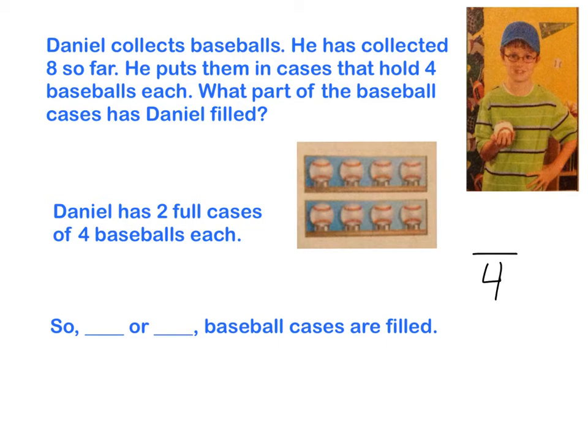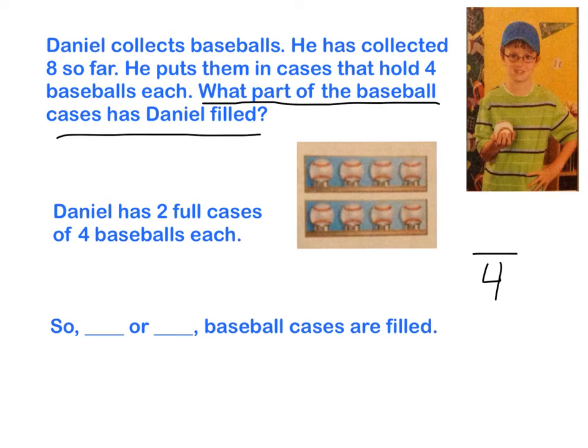Our question asks, what part of the baseball cases has Daniel filled? Daniel has filled 2 cases, or we can say he has filled 2 cases with 1, 2, 3, 4, 5, 6, 7, 8 baseballs.